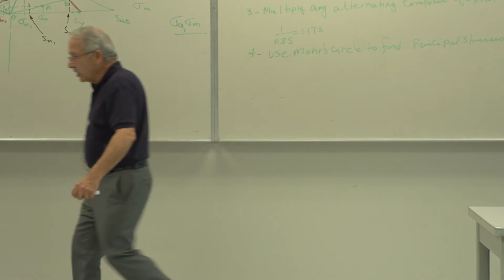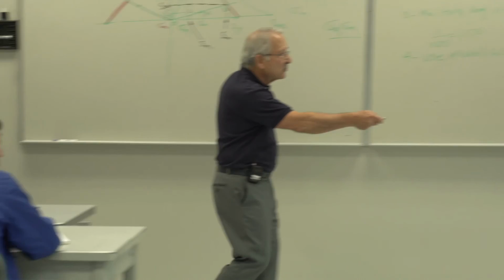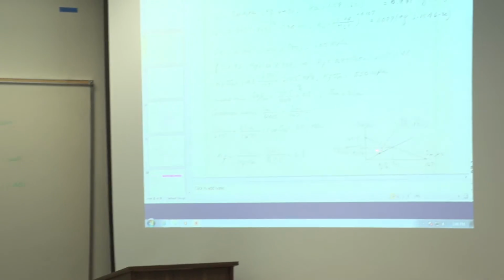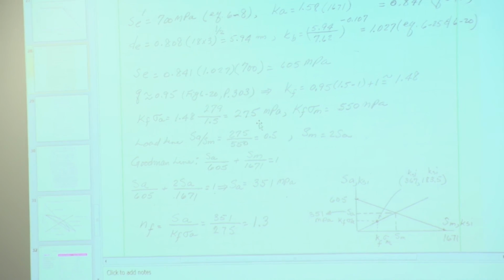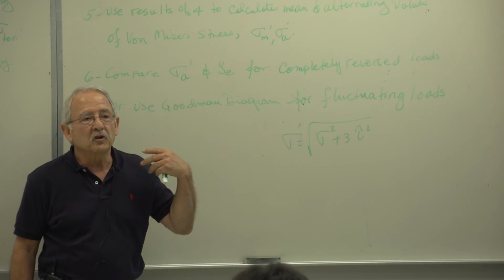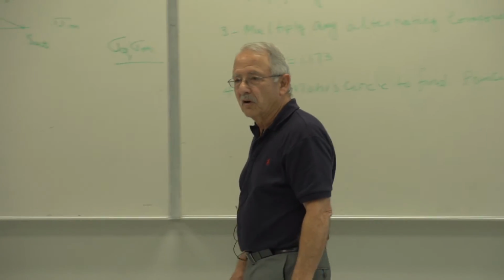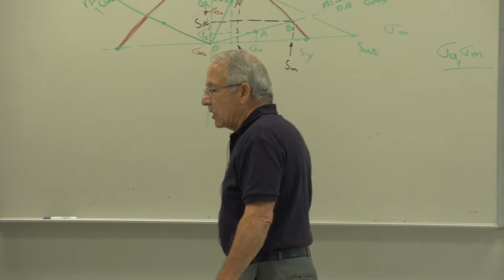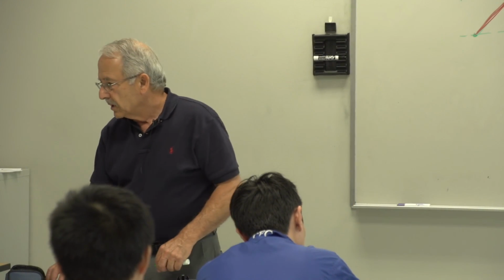And then you draw your Goodman diagram, and just like sigma A and sigma M that we've plotted here, you plot sigma M prime and sigma A prime. Because you've converted that as though there was only one stress, not a combination thereof. Okay? I will illustrate this in an example problem next time.